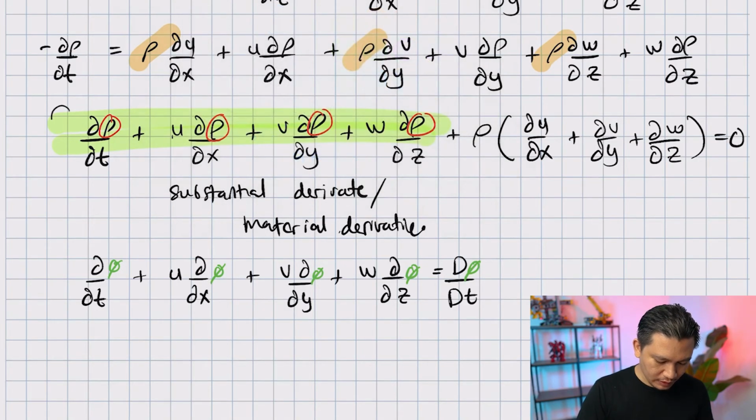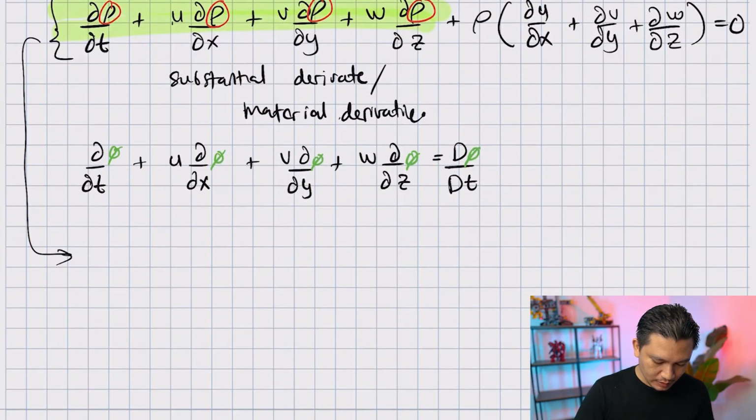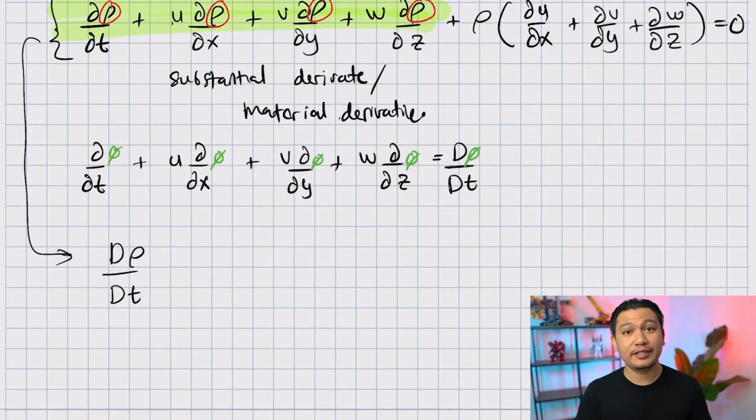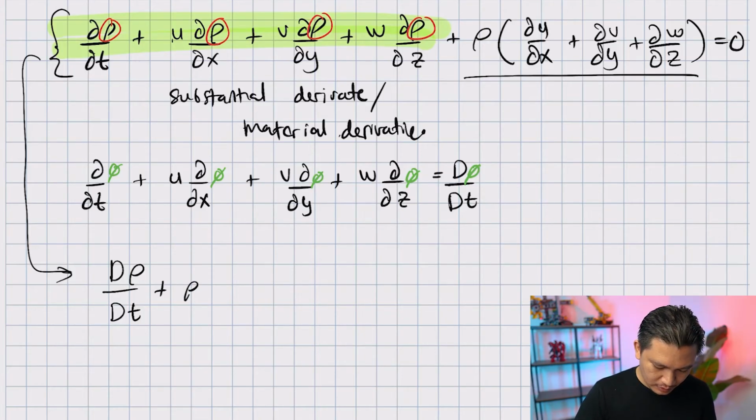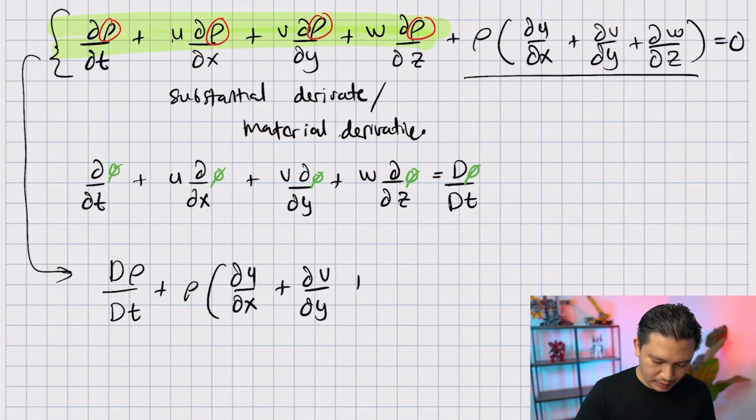Everything here will become D rho over Dt with the capital D, which means that this will become plus rho, just this term, del u over del x plus del v over del y plus del w over del z, and this is equal to 0.